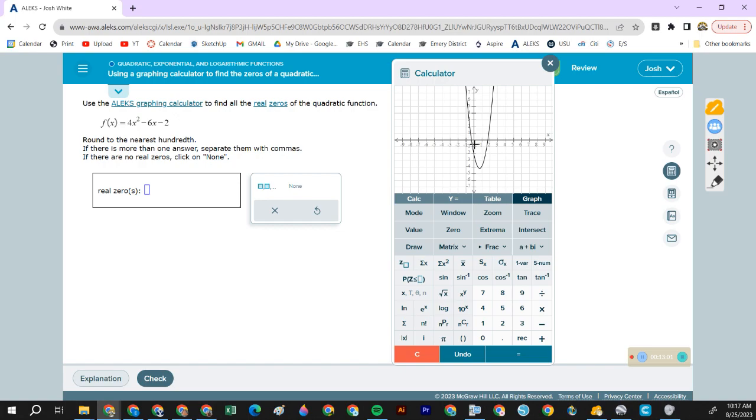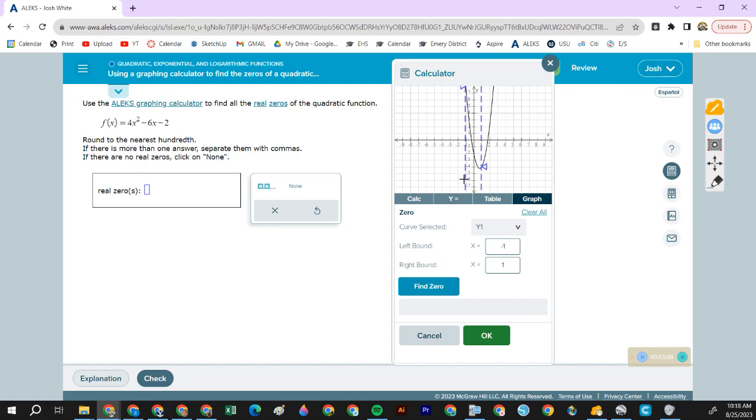Okay. Now, it does not hit at nice numbers. So how do I find those? Well, I click on zero, and it says, where do you want me to look? I want to look between negative 1 and 0. And there's the answer there. Okay.